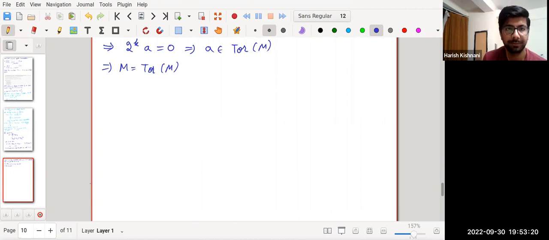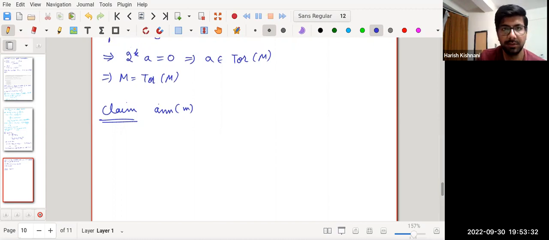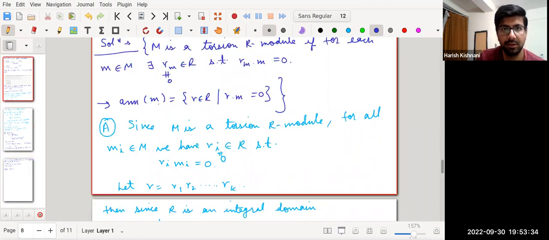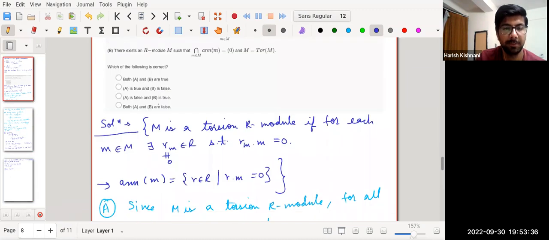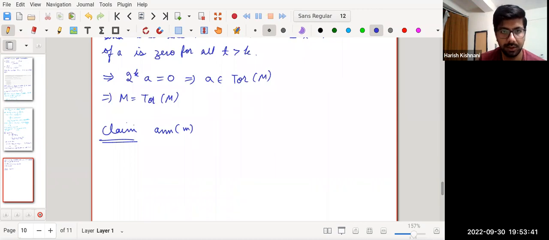Okay. So now the other claim is that the annihilator of M, that is the intersection of all annihilators, is 0. That is what we need to prove. Now for that, what will we do?